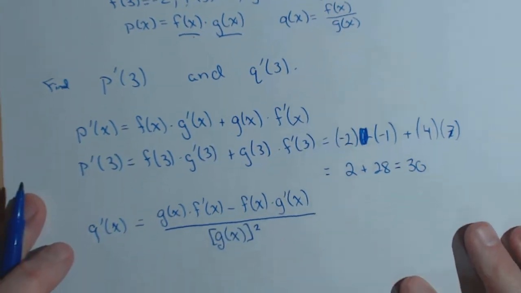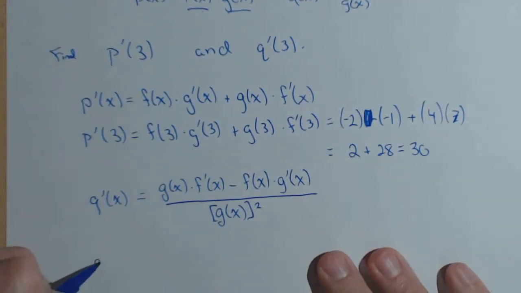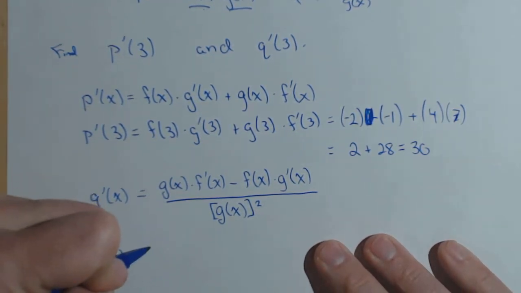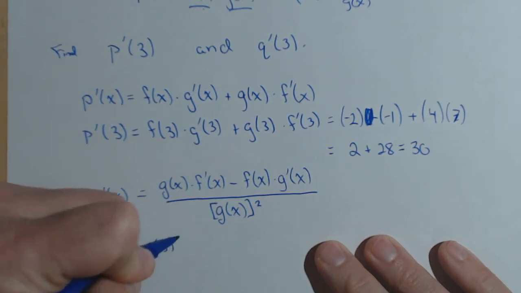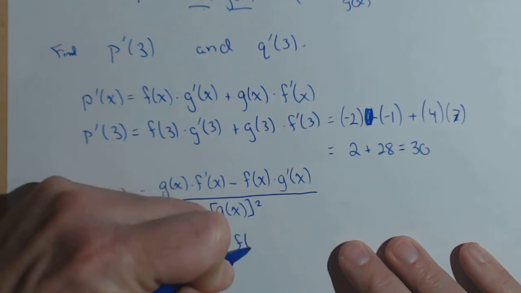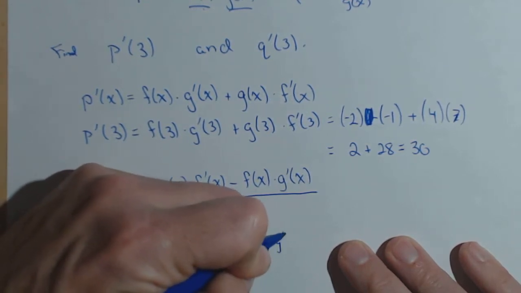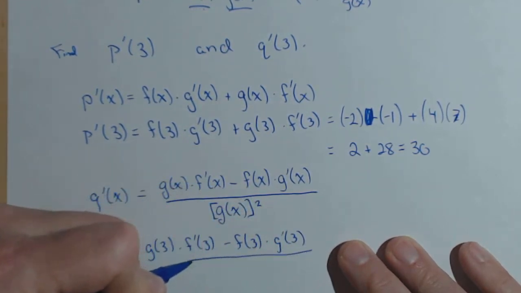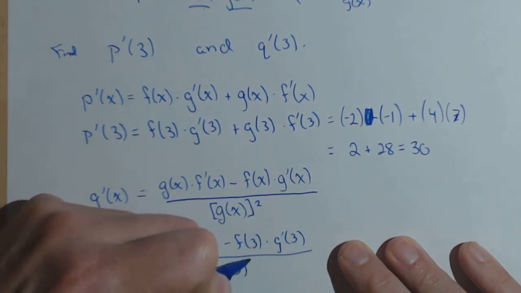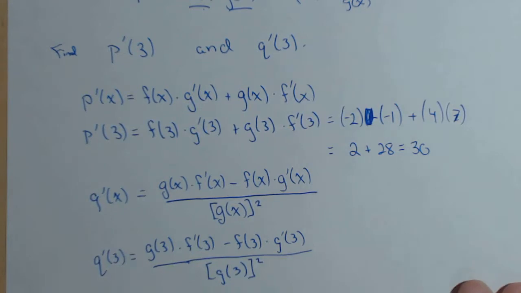That means q prime of 3 is, we're going to be putting in 3 for all our x's, g of 3 times f prime of 3 minus f of 3 times g prime of 3, all over g of 3 squared.